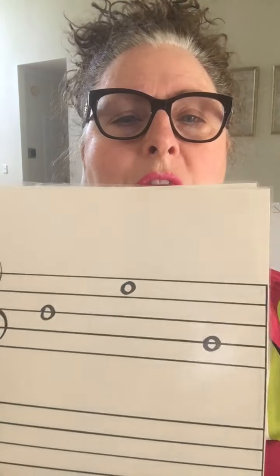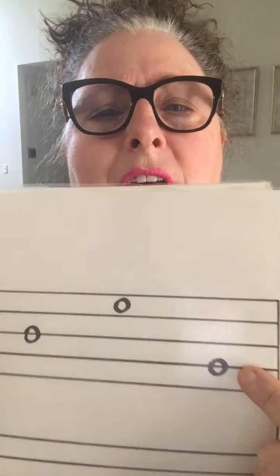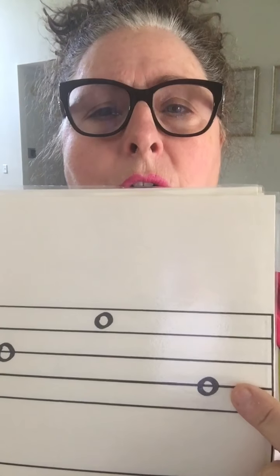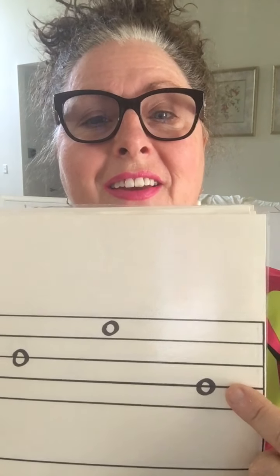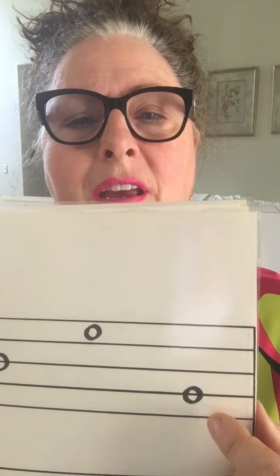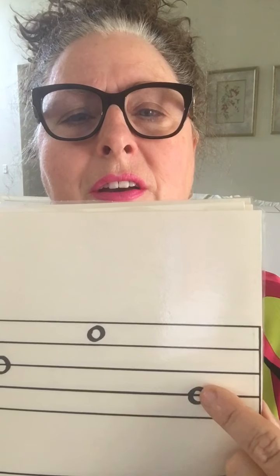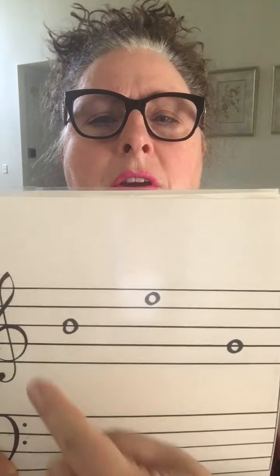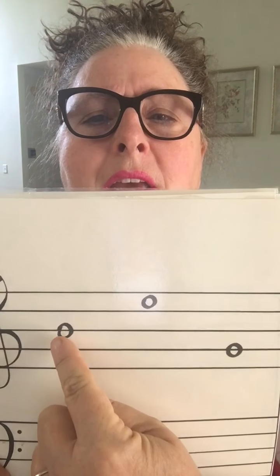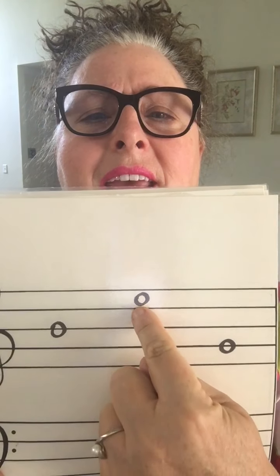And our last one on this card, ask yourself, is it a line or a space? It is a line, good. So it's every good. So you're going to have letter G for your third answer. So your answer should be B, E, G, big.